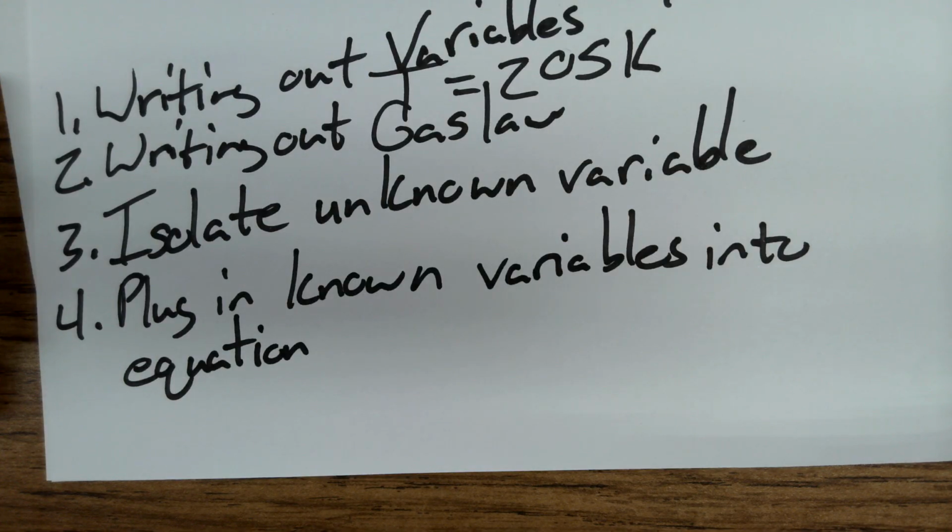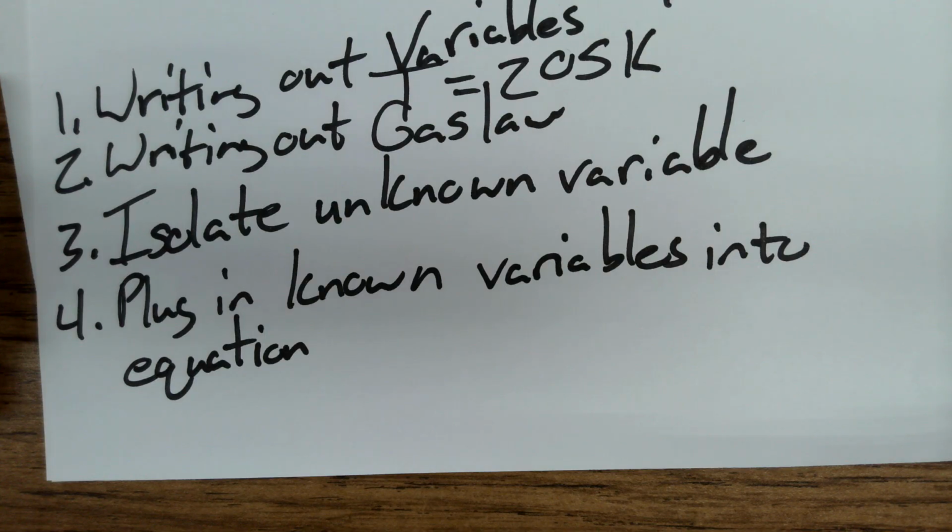4 big things I'm looking for. Writing out the variables. Writing out the original gas law. Isolating your unknown variable, plugging in your known variables into your equation. Every time that I've shown you a question, I've followed these 4 steps.